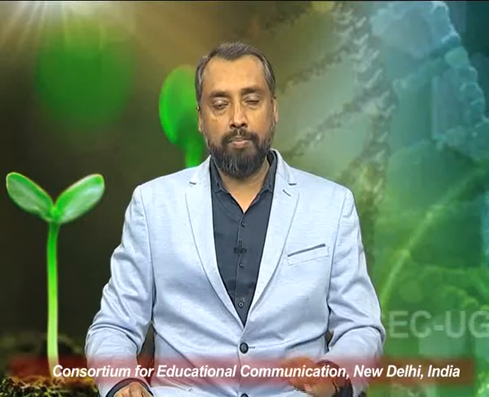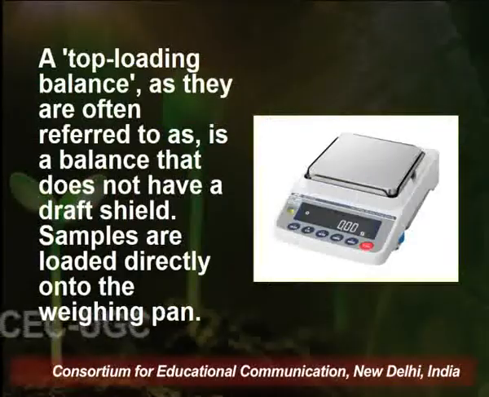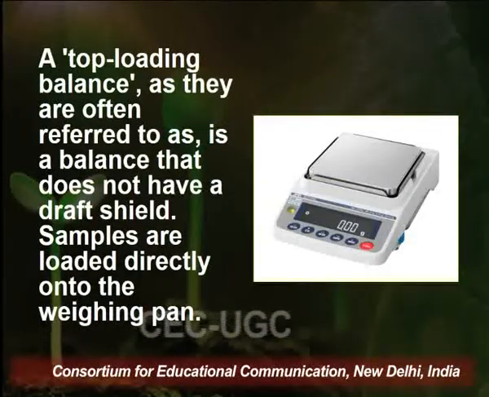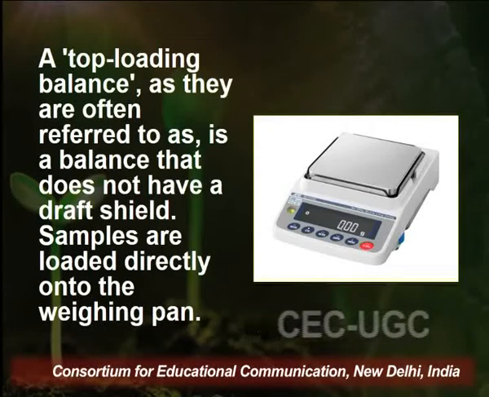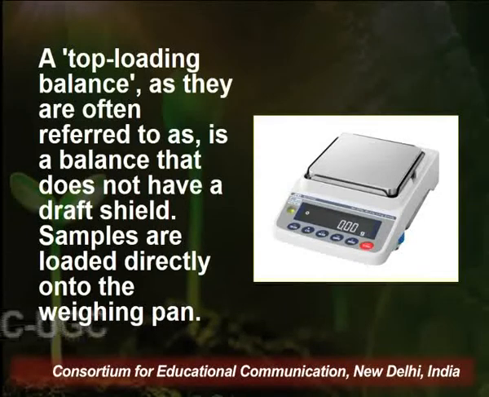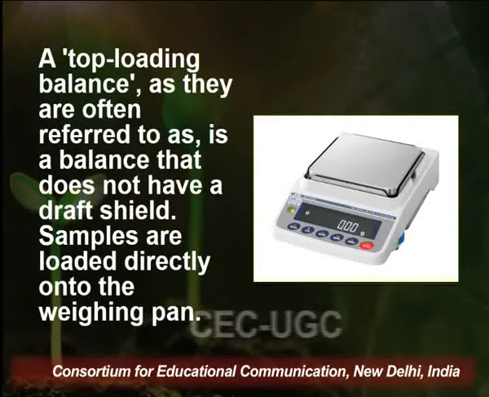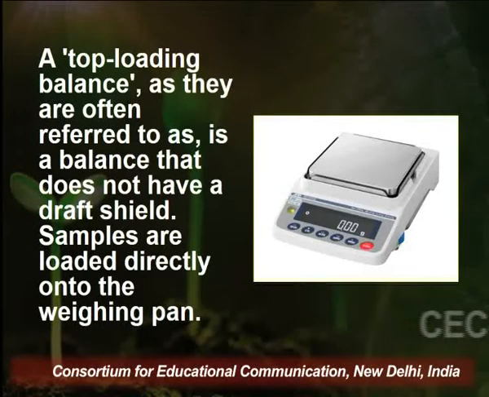So a variation of one such analytical balance is a top loading balance. As they are often referred to as top loading, it is a balance that does not have a draft shield, and because there is no draft shield, the samples are loaded directly onto the weighing pan.